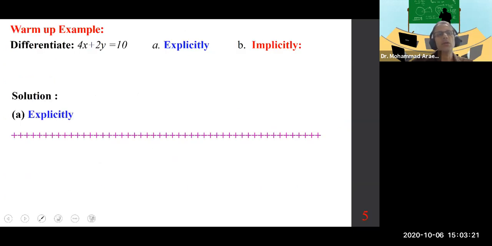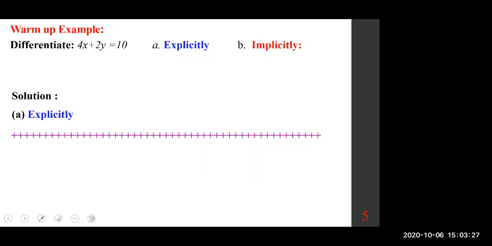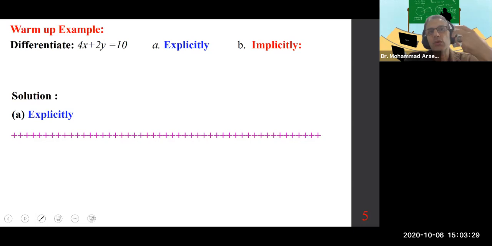So let's start with a very simple example, and we're going to do both methods, and we see that both result in the same. But again, there are cases where it's extremely difficult to solve for y, or in some cases even impossible.